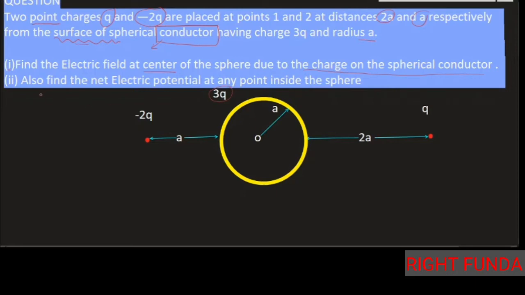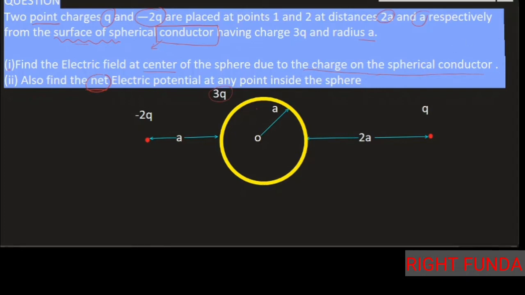In the second case, you have to find the net electric potential at any point inside the sphere. So now you understood the question. Now all of you pause the video and try yourself, and after you solve the problem, you can resume the video and see the solution.